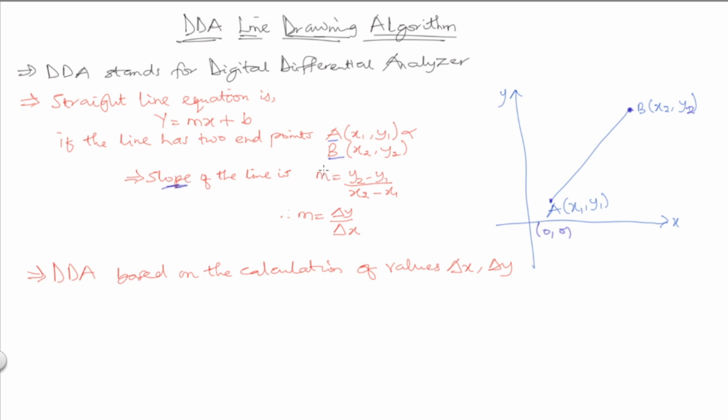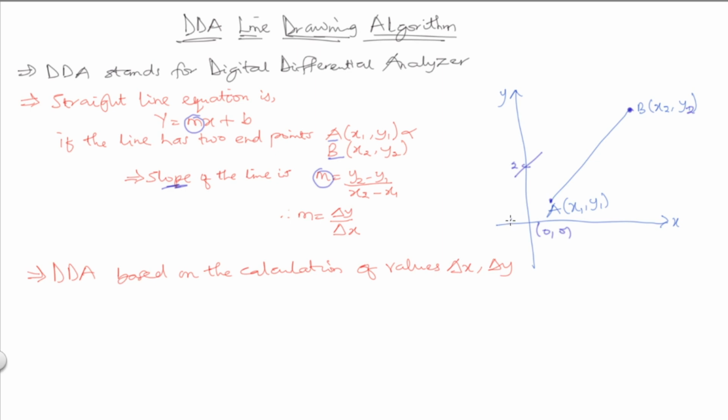So m is equal to y2 minus y1 over x2 minus x1. This is the slope, m. Now when the line crosses the y-axis, for instance at 2, then we say the y-intercept is 2.